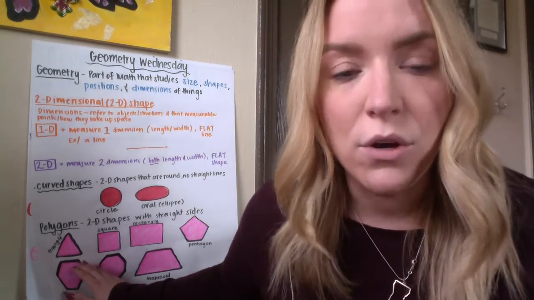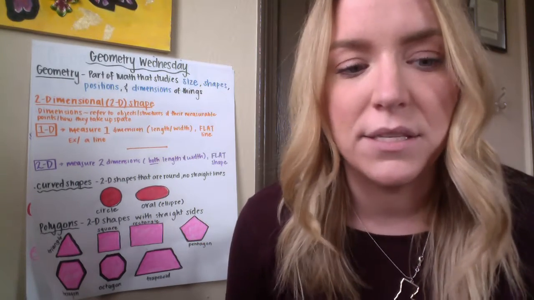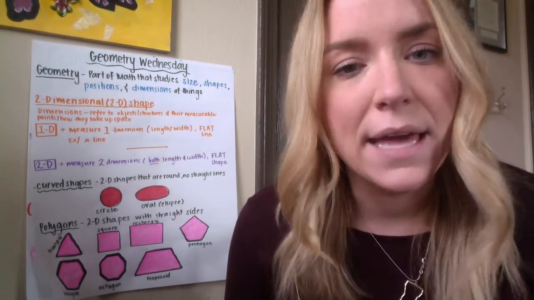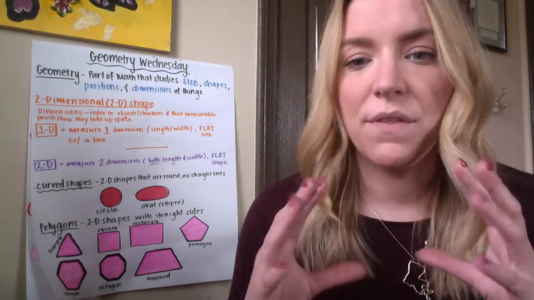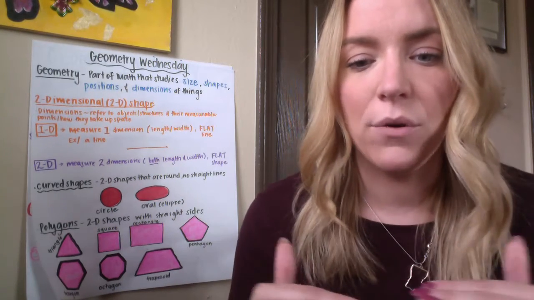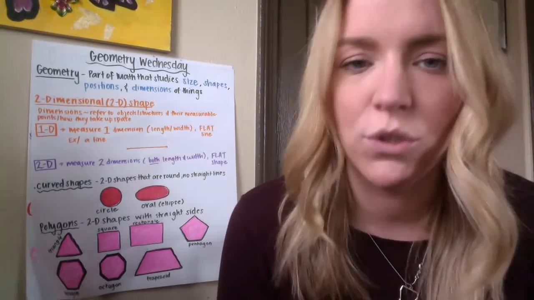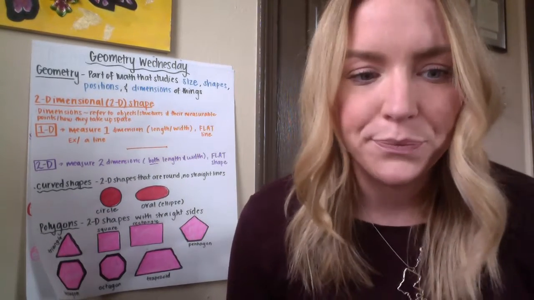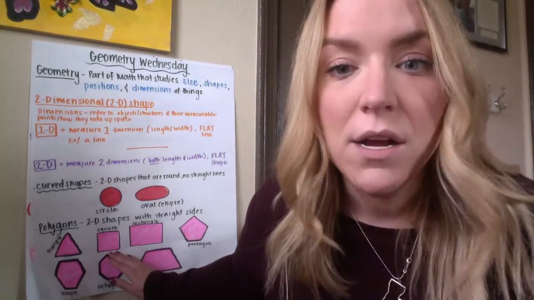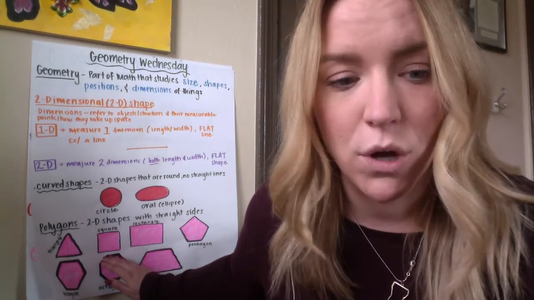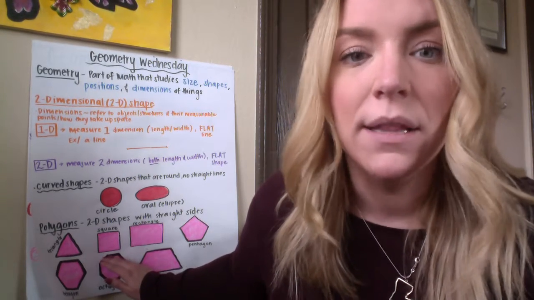So a triangle that has three sides, that's a polygon. The sides on a triangle can be equal, so they can be the same length on each side, but they don't have to be, and we'll explore that a little bit later. A square has four sides, and those sides have to be equal, so they're all going to be the same length.